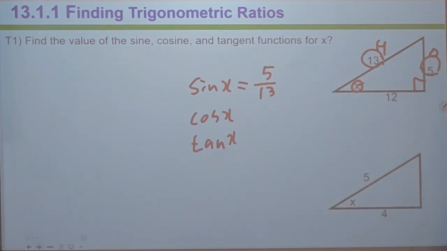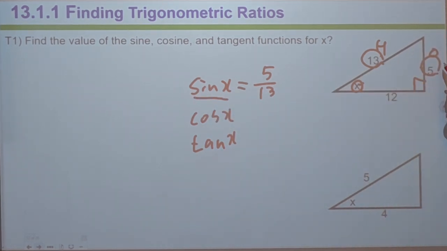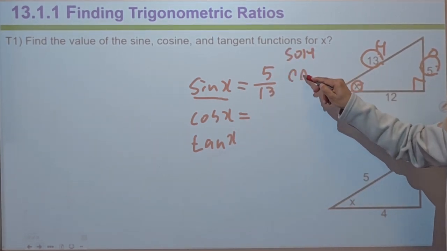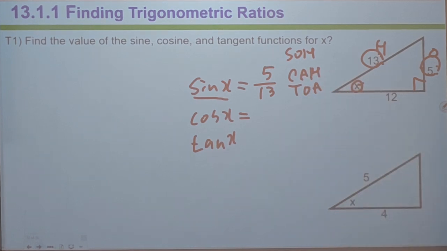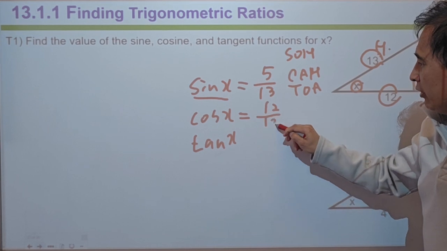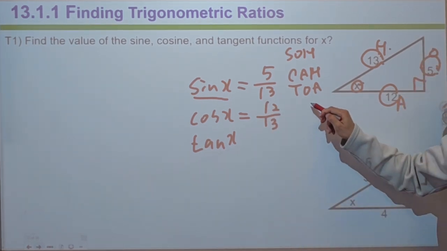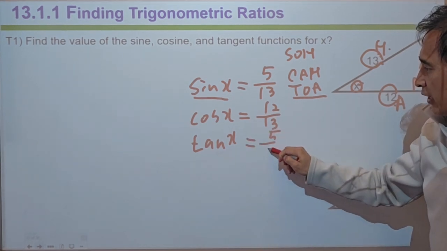We can't find the angle x itself for now, but sine x we can express as 5 over 13. Then cosine is adjacent over hypotenuse, so 12 over 13. And tangent is opposite over adjacent, TOA, so 5 over 12. You can do it like that.